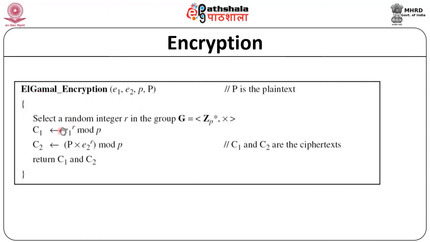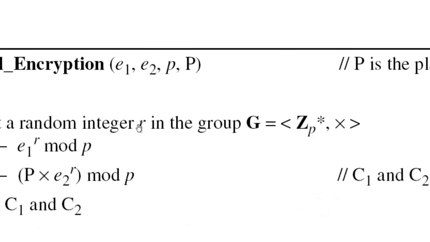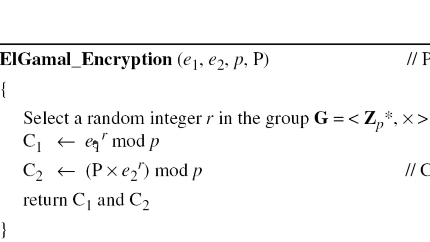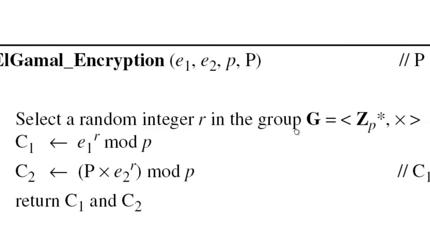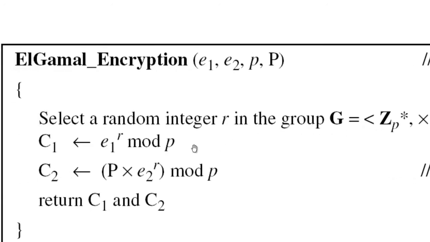In encryption, there is one additional step: a random integer, which is used for generating C1. Bob is sending E1 and E2, and Alice needs to generate C1 with the help of E1, choosing a random integer R in the particular group that Alice and Bob have agreed on.